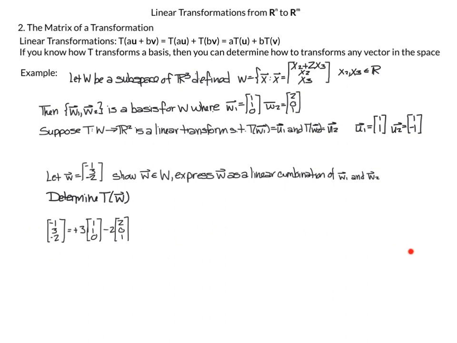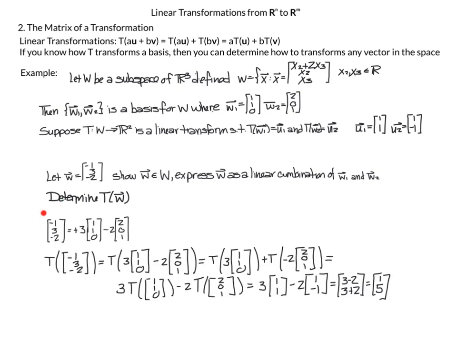I deleted all the calculation and just kept w as a linear combination of my basis vectors to give me more space to determine T of w. That means the transformation of the left-hand side is equal to the transformation of the right-hand side, which is what I have here. But now I can use the fact that T is linear.